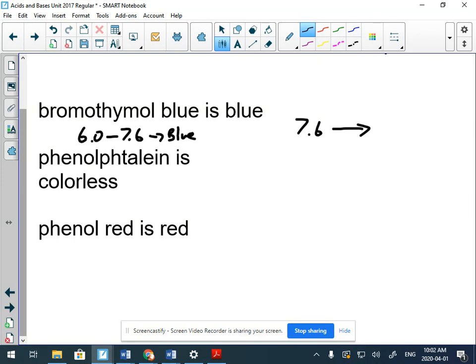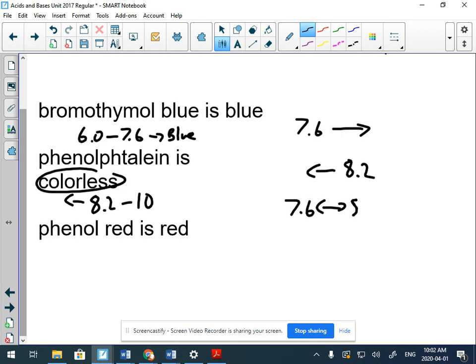But if we use phenolphthalein, which has a range of 8.2 to 10, and 8.2 and less is colorless, and we test it and the unknown solution is colorless, that means it's got to be 8.2 or less. So if it's 7.6 or higher and 8.2 or less, the puzzle is starting to come into place.